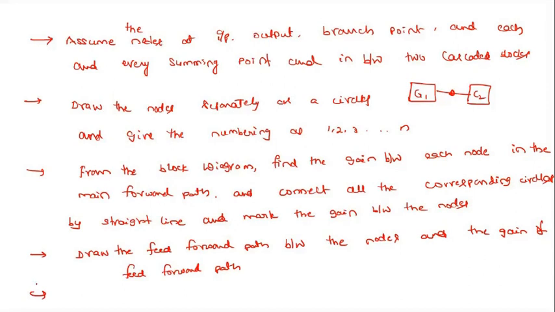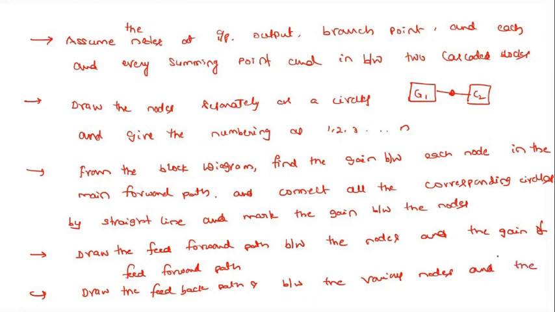Now the last but one point is draw the feedback path between various nodes and mark the gain of the feedback path.